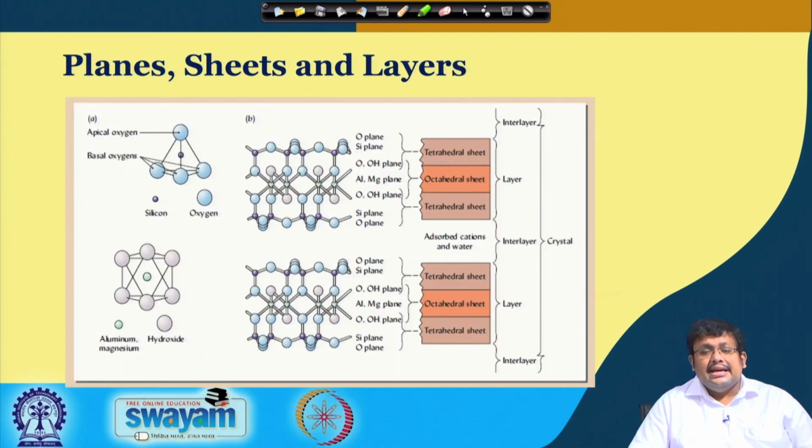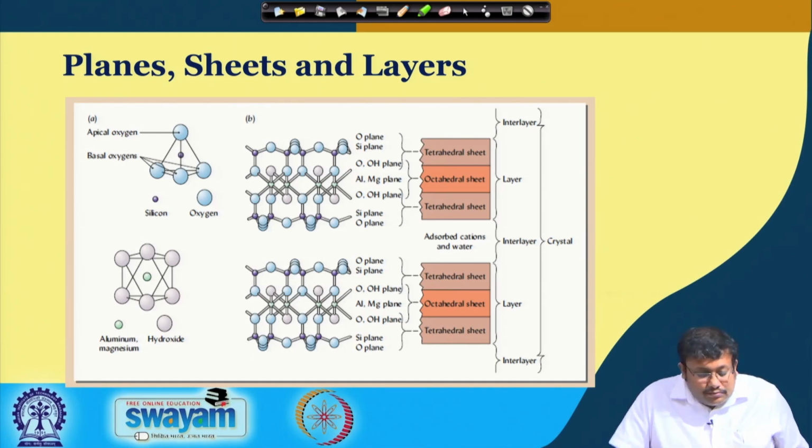If we see the overview of a clay mineral structure, we will have this picture. Let us discuss how these different sheets, that means octahedral sheets and tetrahedral sheets, join together to form a total clay mineral lattice.